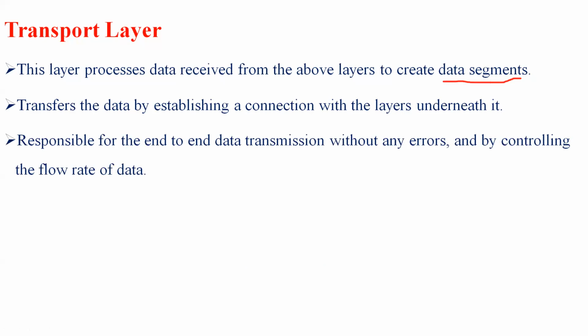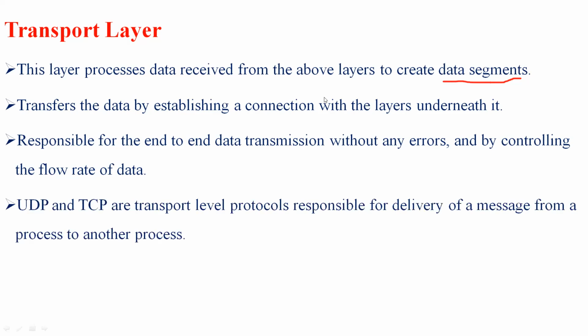This transport layer is responsible for end-to-end transmission without any errors, and for controlling the flow rate of data. There are two different protocols which are responsible: TCP and UDP, the transport layer protocols responsible for delivering messages from one process to another process.